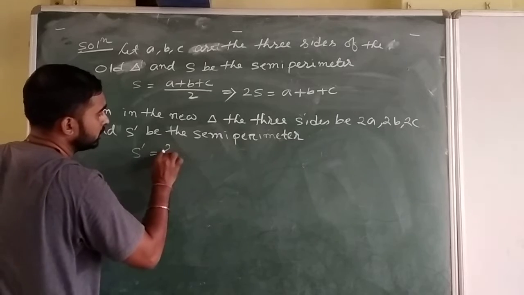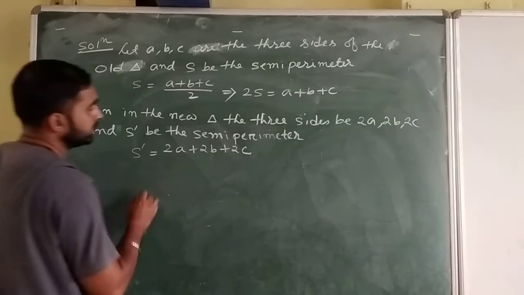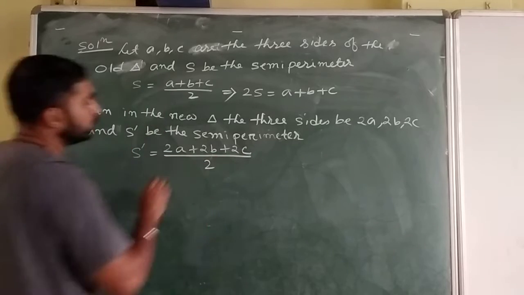So S dash equals twice A plus twice B plus twice C divided by 2.